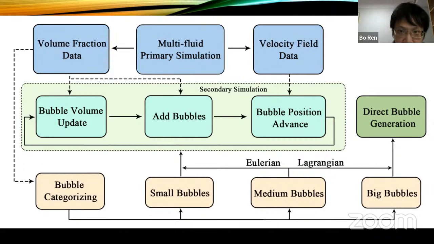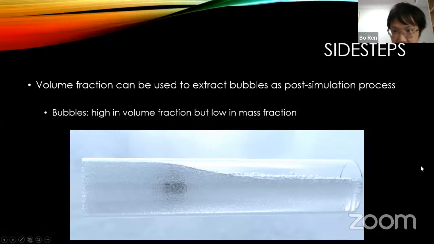But when you look at the volume fractions, the gas fraction will be dominating. So we can calculate this difference between the mass fractions and volume fractions and re-render the existing simulations to generate bubble effects. Or we can say we can add bubbles to existing multiple fluid simulations.